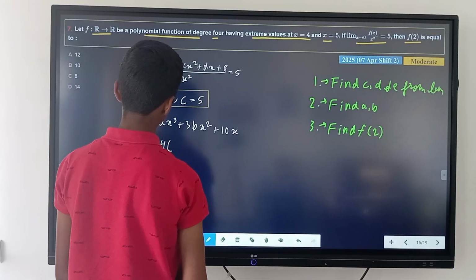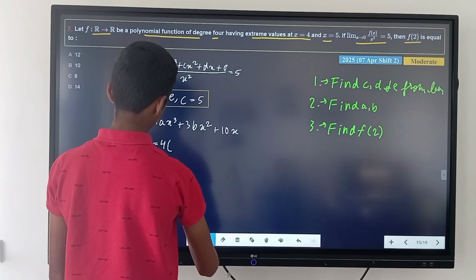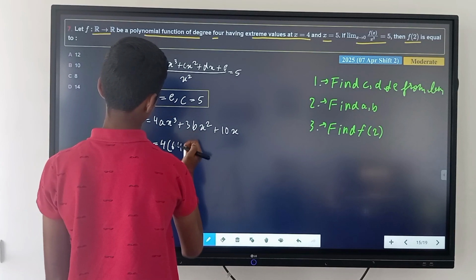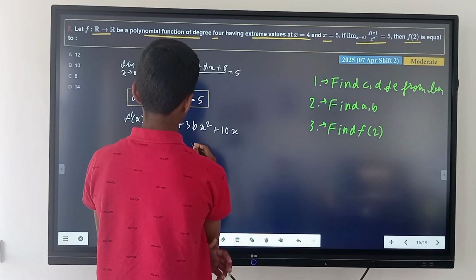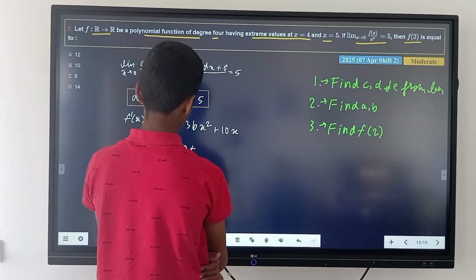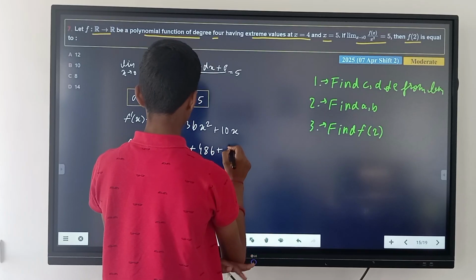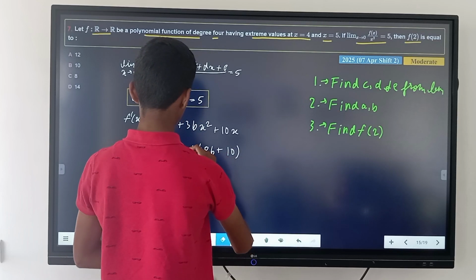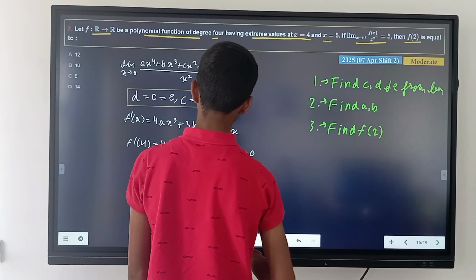Then we will get 4 square, 16, into 4, 64, so 64a, and plus 16 into 3, 48b, plus 10 is equal to 0.